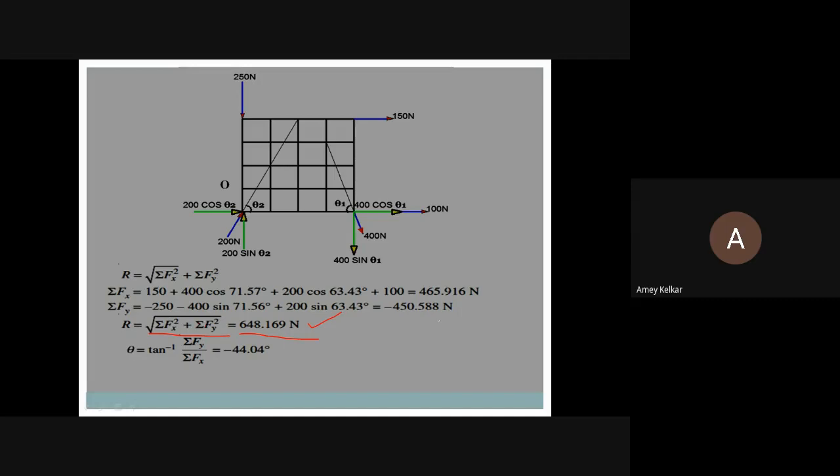After finding these both correctly, don't make a mistake in calculating R. Some good students have done that. So once we get summation Fx and summation Fy, we get the value of R and theta very easily.